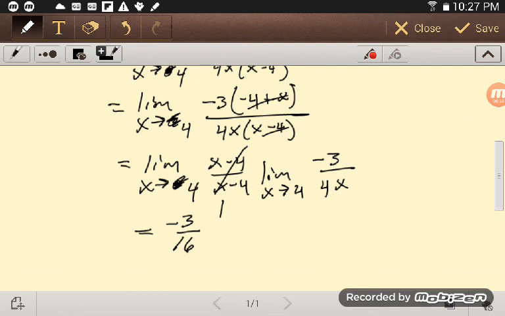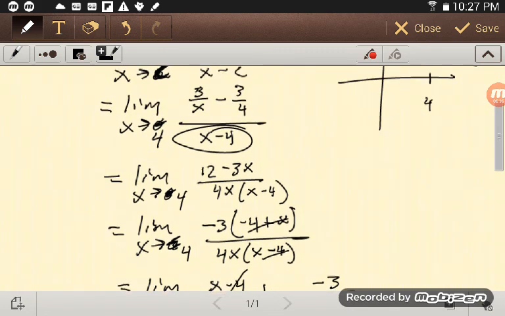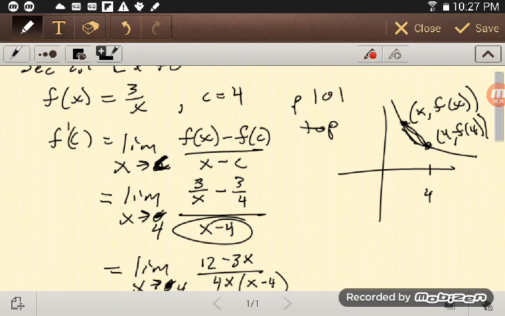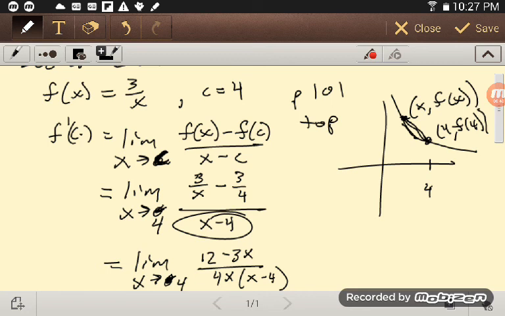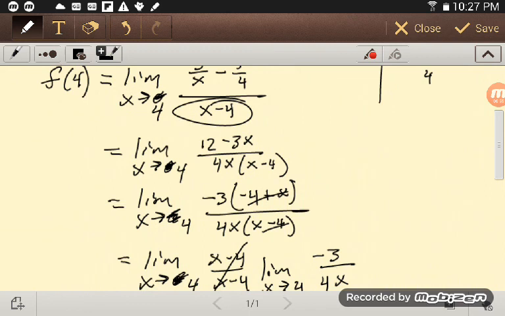So that is our derivative at, well, I have c there, but yeah, f prime of 4.